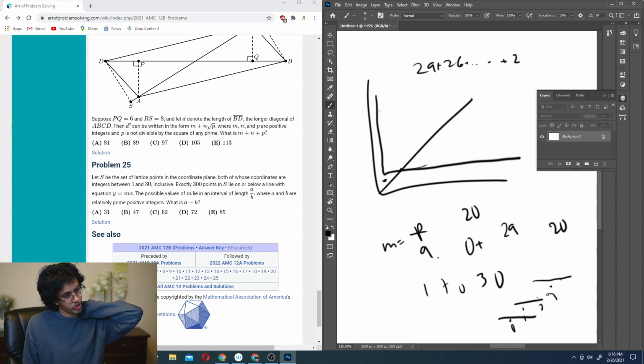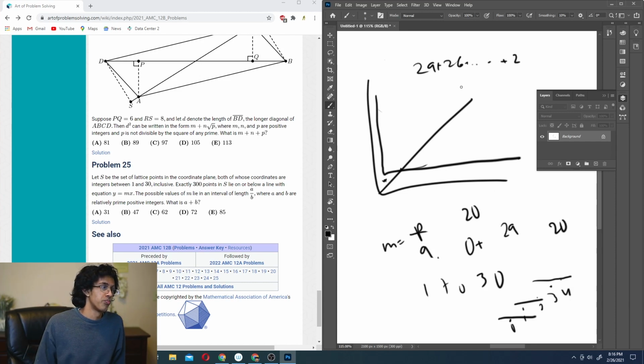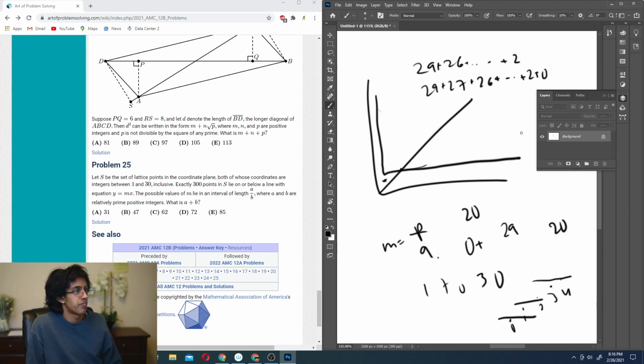So 2, 3, and 4. You also cross at 4, so 29 plus 27 plus 26 plus all the way over to, I don't know, 2 plus 0. Yeah, 2 plus 0, okay. So 27 to 0 gives you a sum of 9 times 10 over 2 times 3, which is 135.